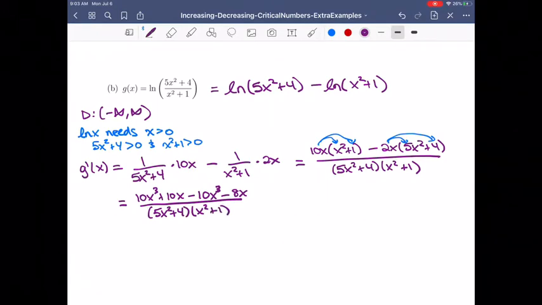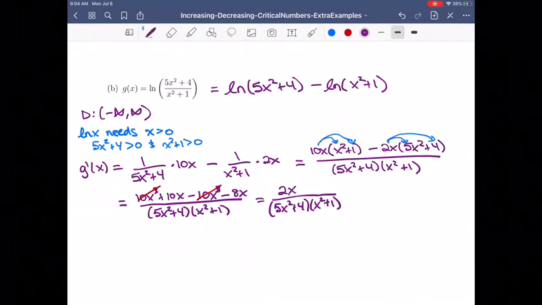The 10x cubed and the minus 10x cubed goes away. The other things are like terms. So what I end up getting is just 2x over 5x squared plus 4 times x squared plus 1.